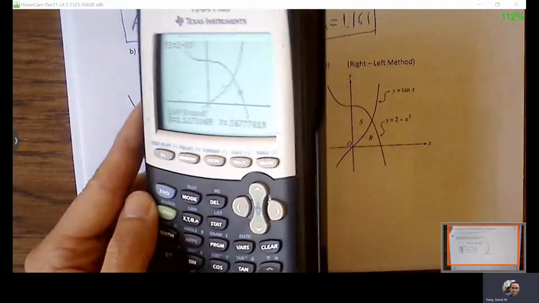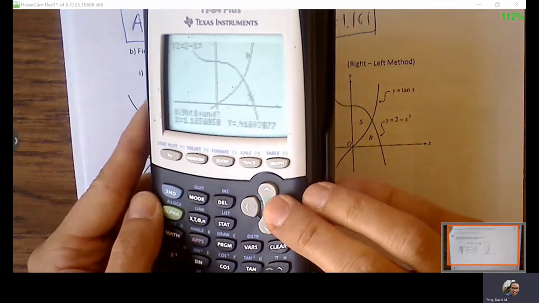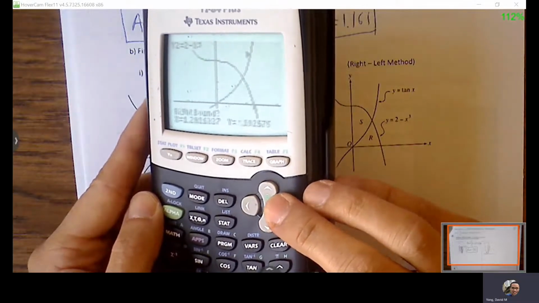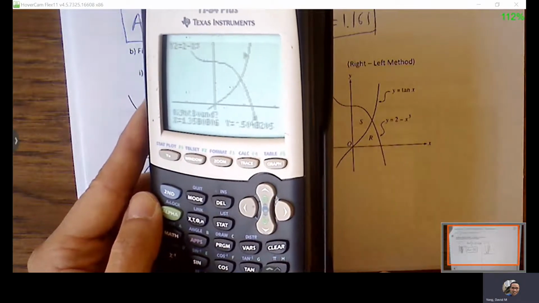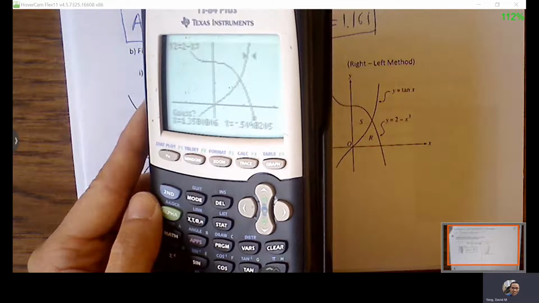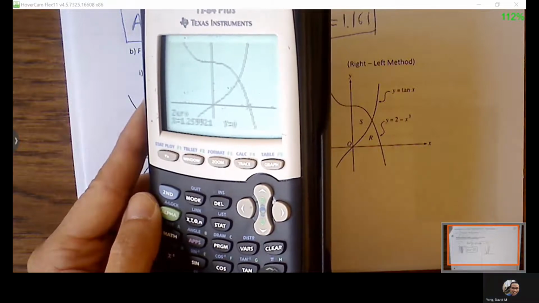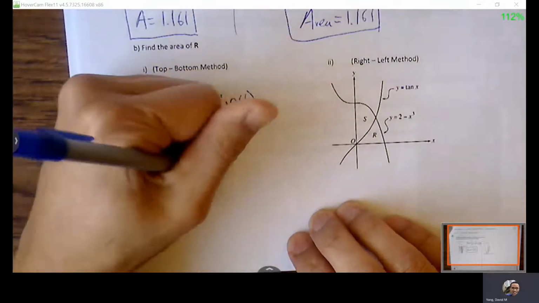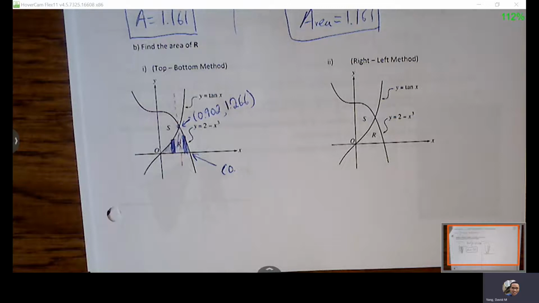You're going to pick a point relatively close to the x-intercept on the left side of it, hit enter. And then you'll pick a point on the other side of the x-intercept, hit enter again. So now you're basically telling the calculator to look between those two points that you gave it. And it should give you 1.259.